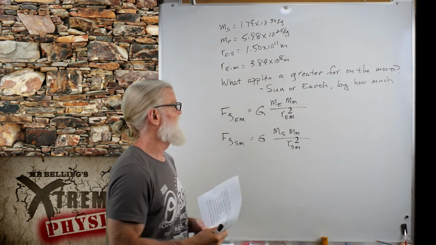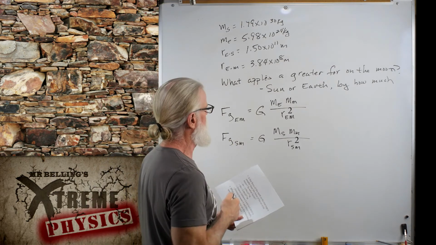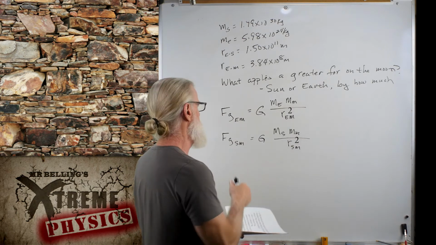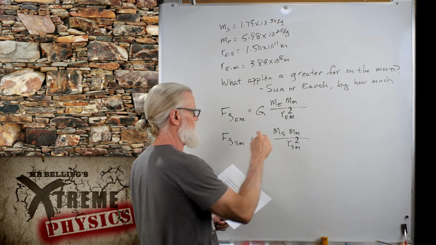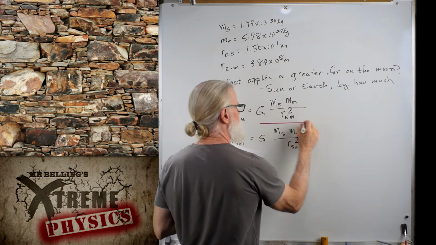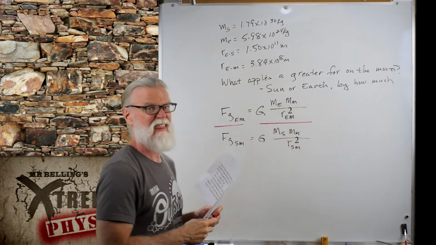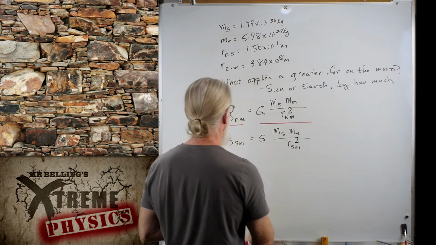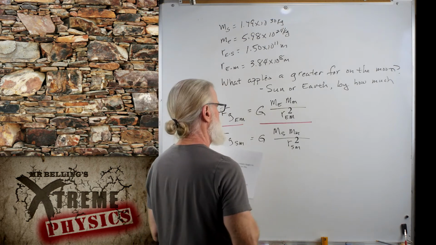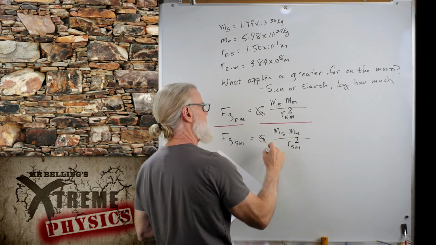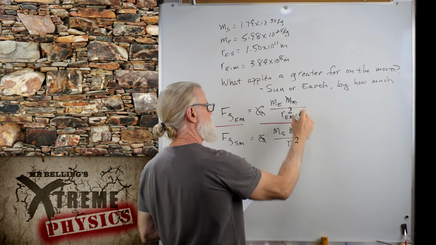Now, a couple things. We know the mass of the moon, but if we divide these two relationships by each other, we don't need G. We don't need the mass of the moon.